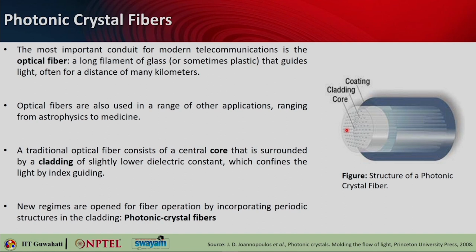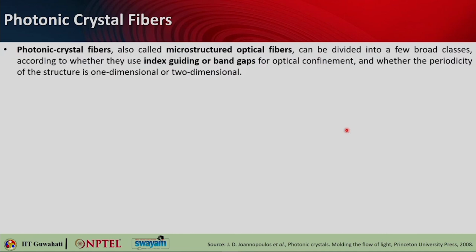So how will it help? It's a simple explanation that light from the core should not be allowed to leak into the cladding. So if that particular wavelength falls within the band gap of that photonic crystal that has been made in the cladding, there is no way out, so light will be guided through the core endlessly, right?